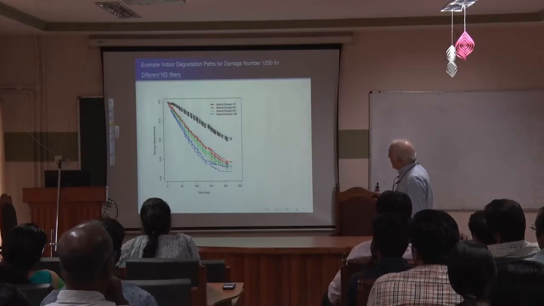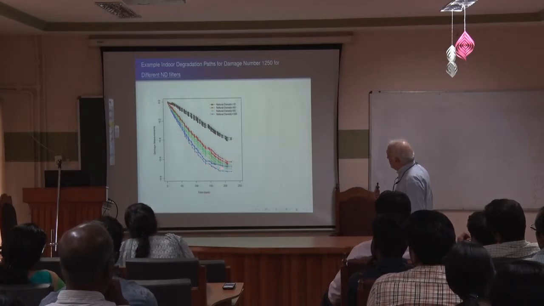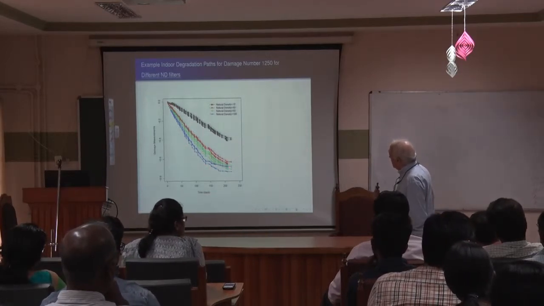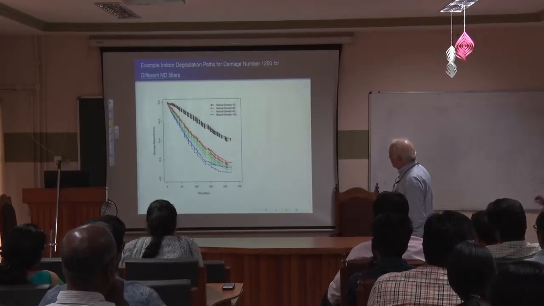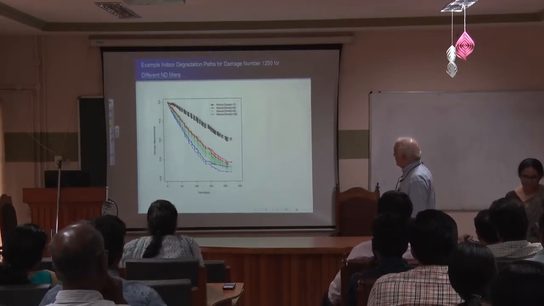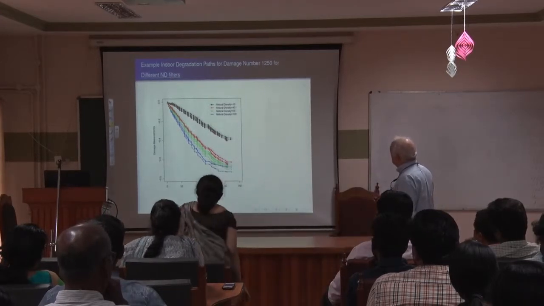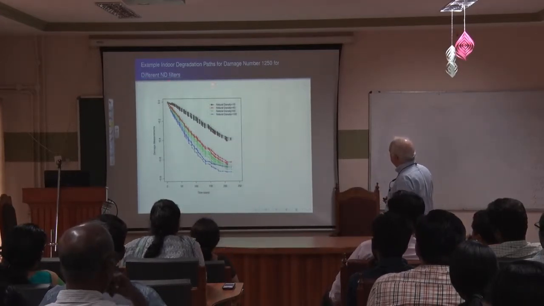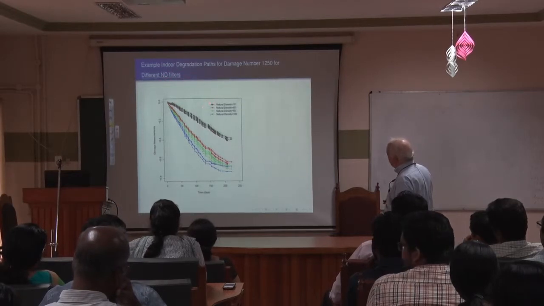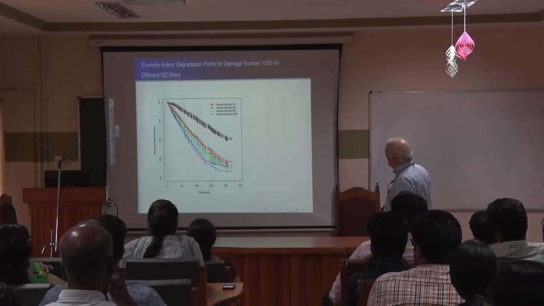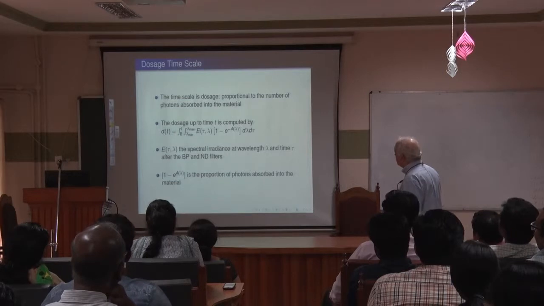The chemical reaction here is linear for a while, and then they tend to level off at a certain level. So that's the sort of path that we see in this degradation. Okay, so this is different neutral density filters, and probably at one particular wavelength. I don't remember which wavelength that is.